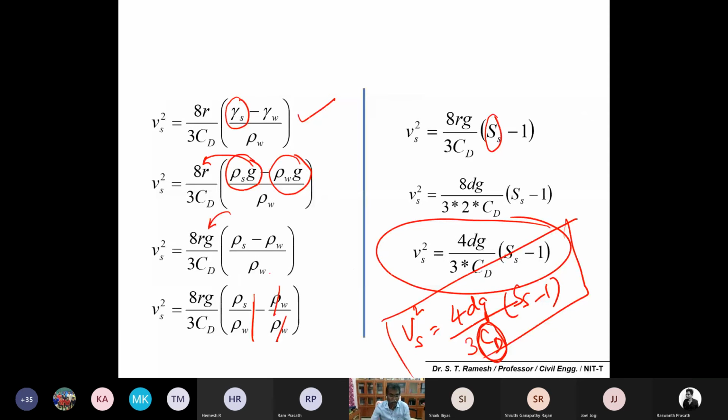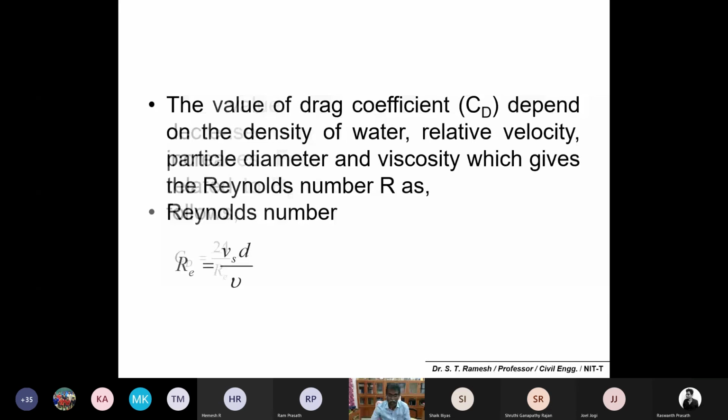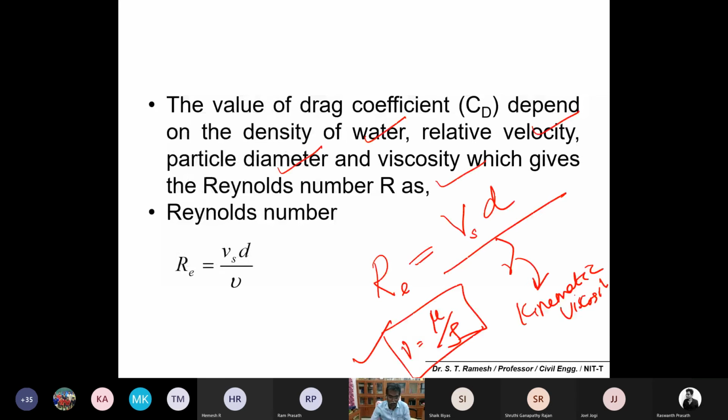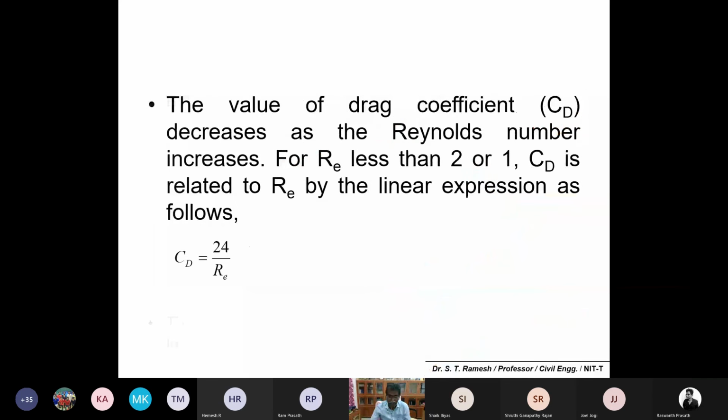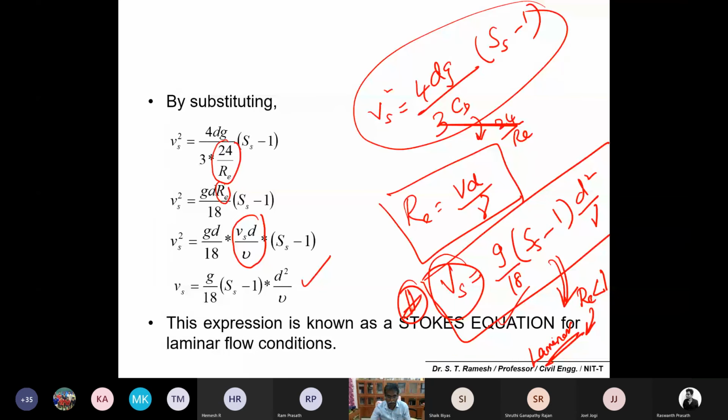Reynolds number is Vs into d divided by nu, where nu is the kinematic viscosity, equal to dynamic viscosity divided by mass density of water. Substituting and simplifying, you get Vs equals g by 18 into Ss minus 1 into d square by mu. This is the Stokes equation for the settling velocity of the particle. For other than laminar flow conditions, you go for a CD correction using this formula.